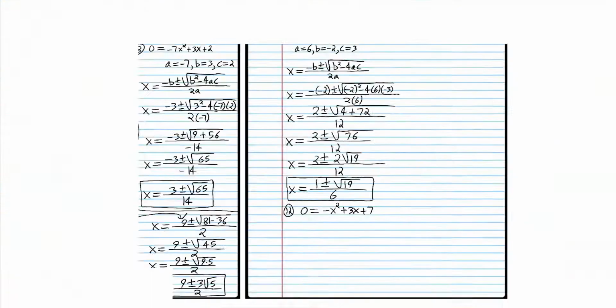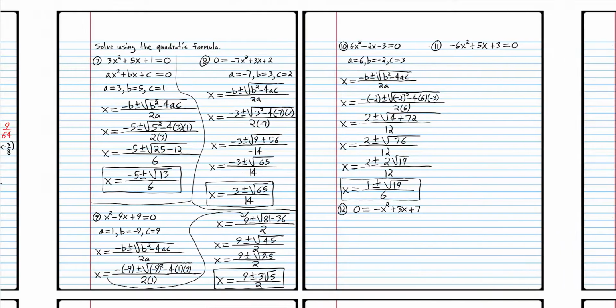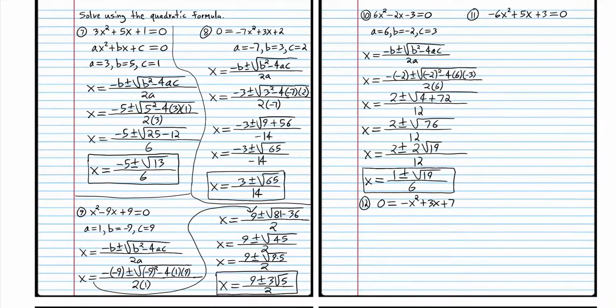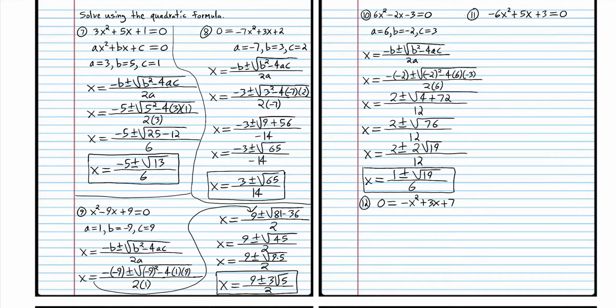Okay, so finally it's time for you to try some of these problems. I'm going to leave these in the window. I want you to try number 11. And I want you to show the formula that you're using. I want you to constantly rewrite this. You don't really have to label the constants if you don't want to.